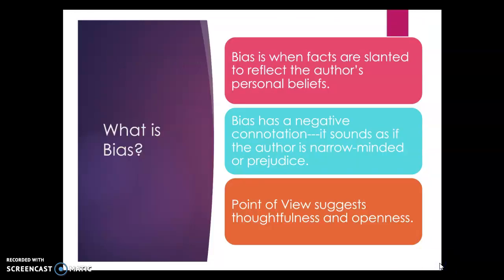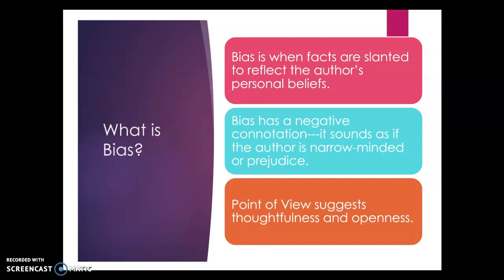Okay, so what is bias? If an author is using super connotative word choices and they're writing subjectively, then they have a bias. And a bias means that it's the way in which you enter the text.